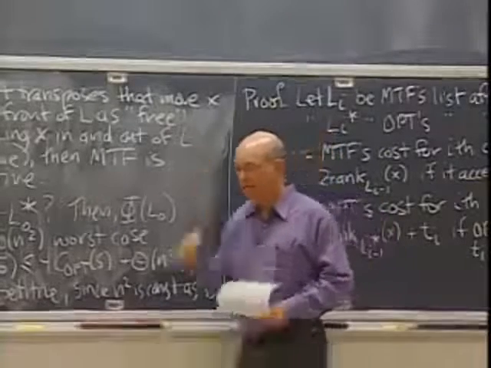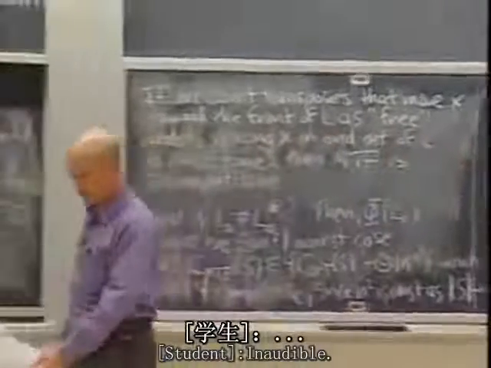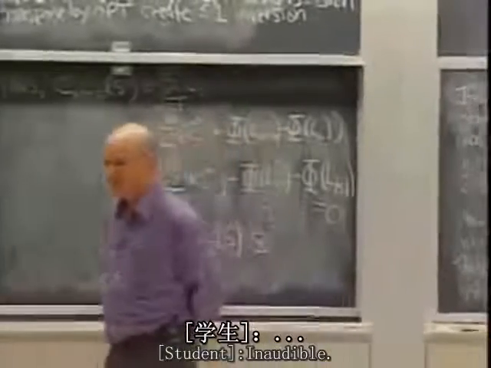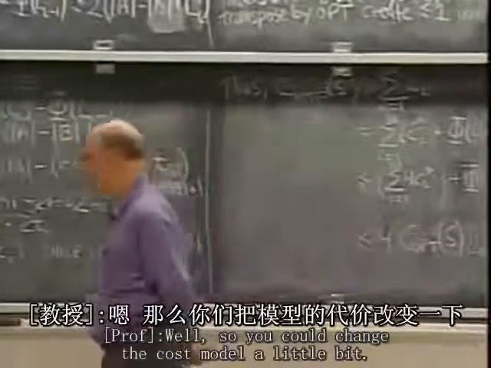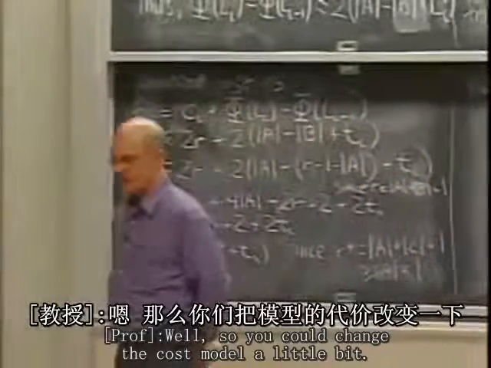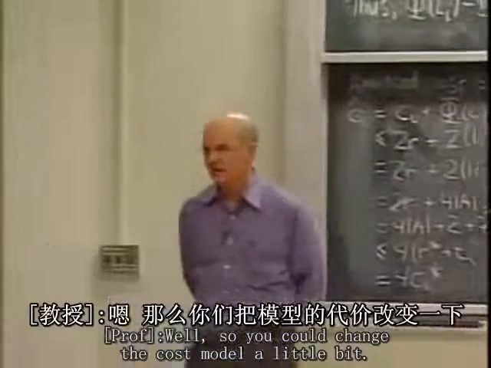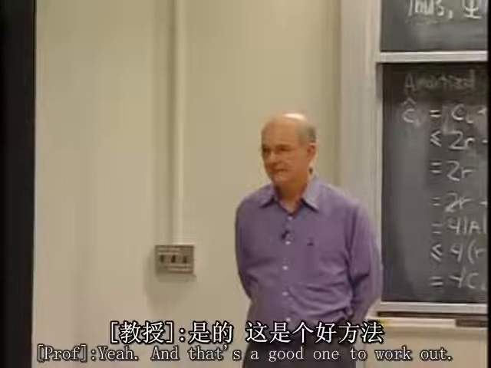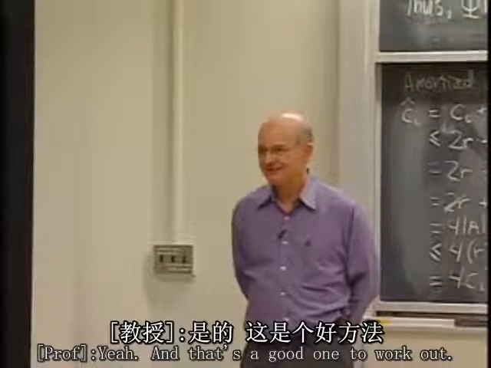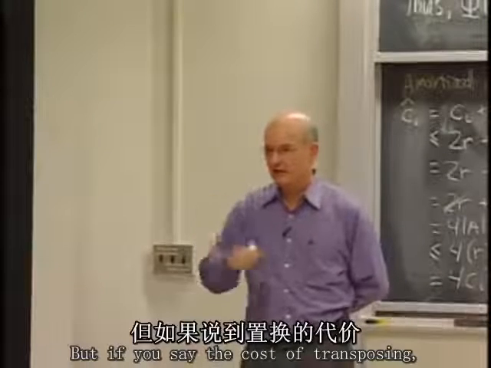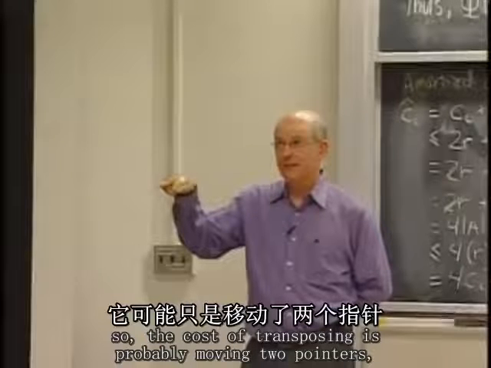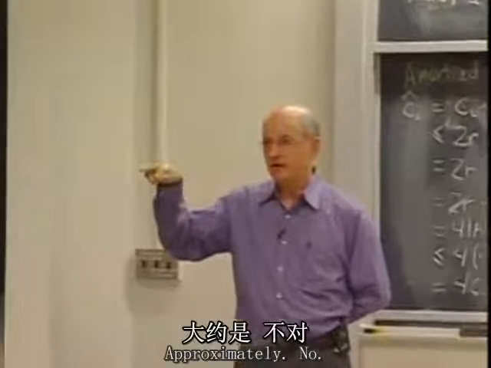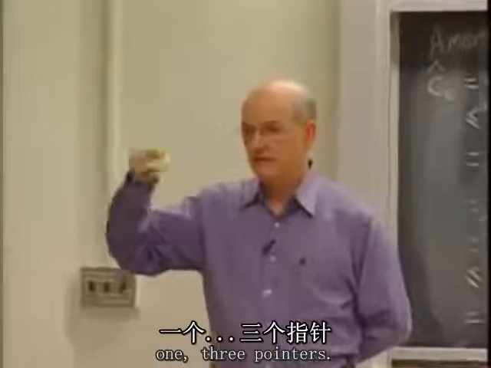How can you say that it takes exactly as long to reverse an element of the list as it takes to access one? Well, you could change the cost model a little bit. Yes, and that's a good one to work out. What if you say the cost of transposing is probably moving 2 pointers, approximately 3 pointers?